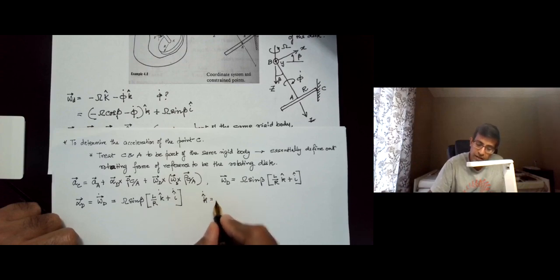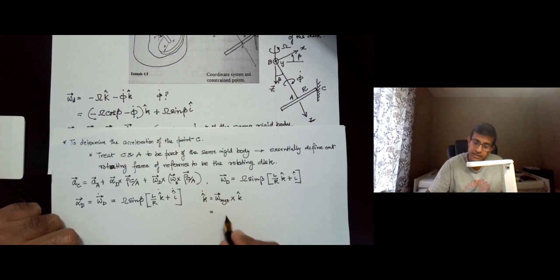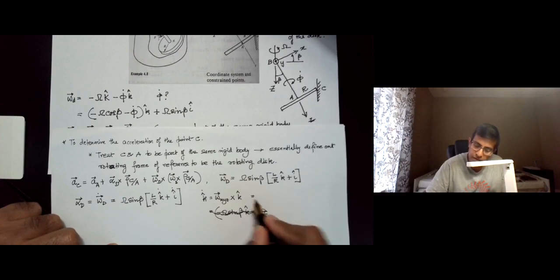k dot is equal to omega xyz, which is the angular velocity of the rotating small xyz triad, cross k, and this omega xyz is nothing but capital Omega sine beta in the negative z direction k, plus capital Omega, well, let me see, this should be cosine, so let me just rewrite it.